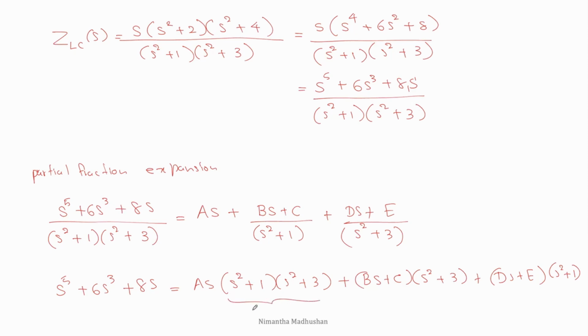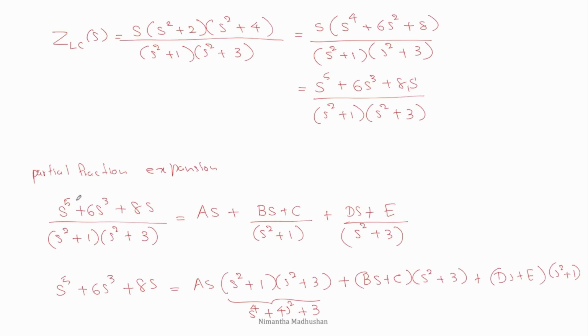For the first term, we can write s to the power 4 plus 4 s squared plus 3. Now we have to find the values of a, b, c, d, and e. For that, I am considering the powers of s.